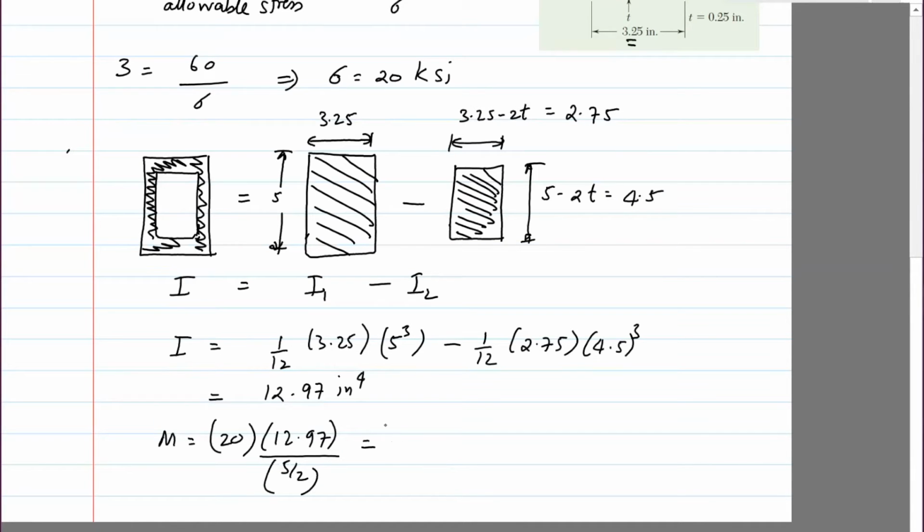This comes out to be 1038 kip inch. Again, kip is kilopound.